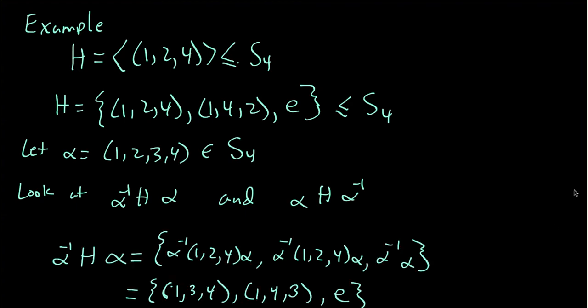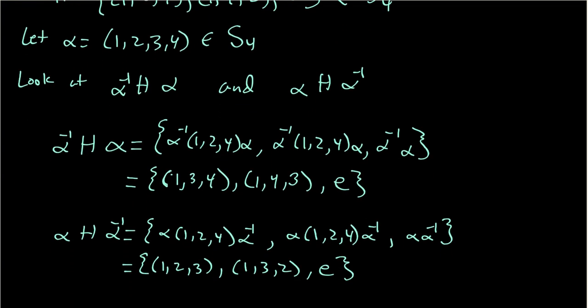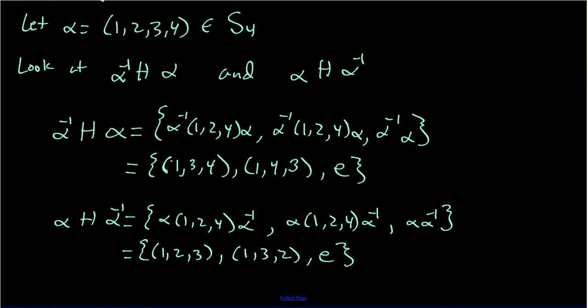Now, hopefully you stopped the video and figured these two conjugate subsets out. The first one looks like this, and we get these three permutations by simply doing these three permutation multiplications.